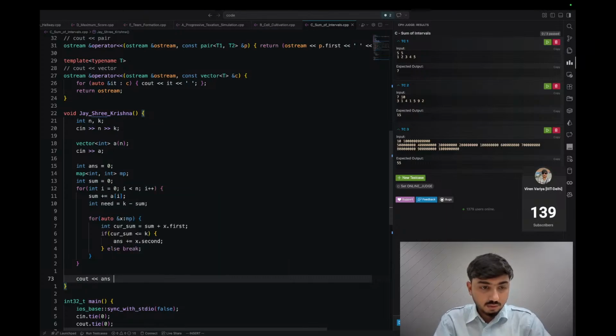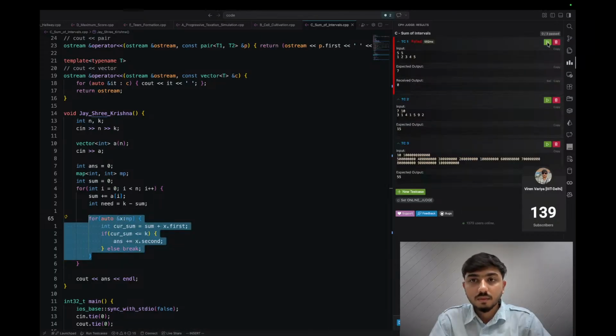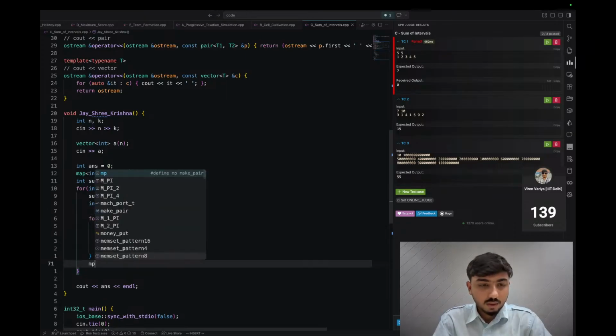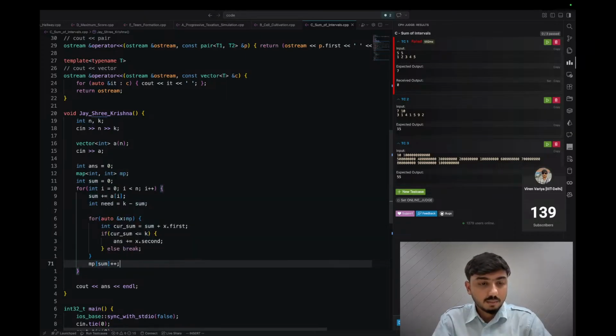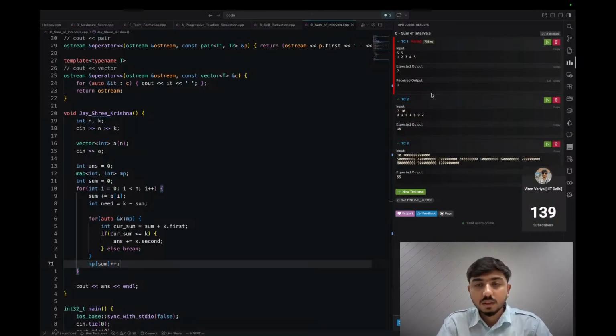This is what we want to do, but we have to somehow find an optimal way. Oh, oops. Yeah, here we have to do mp of sum plus plus. Still something is missing then.